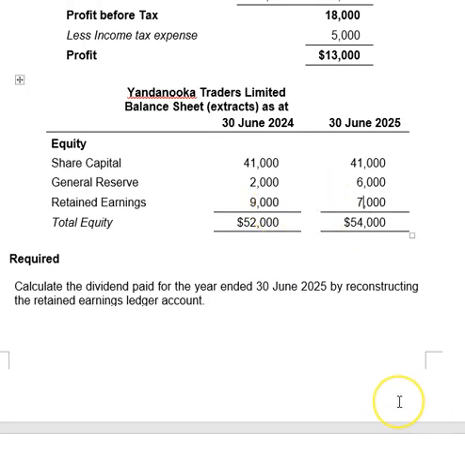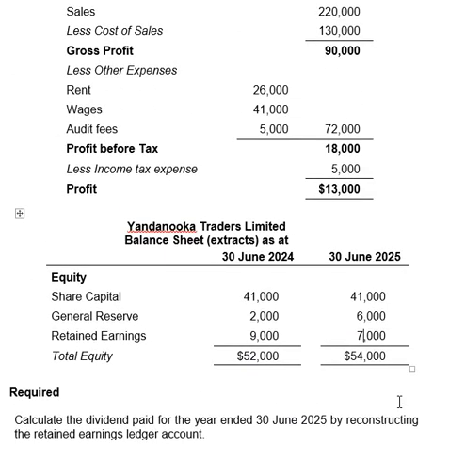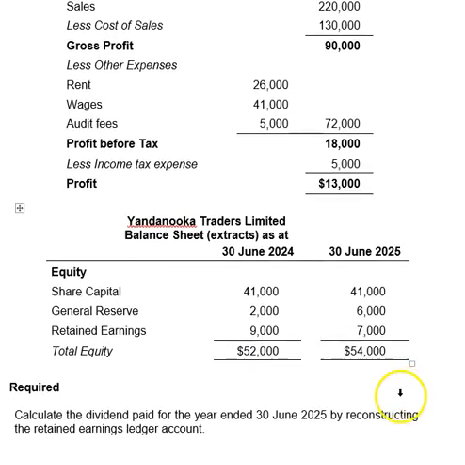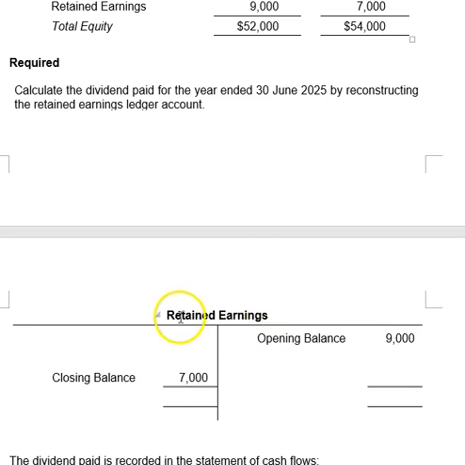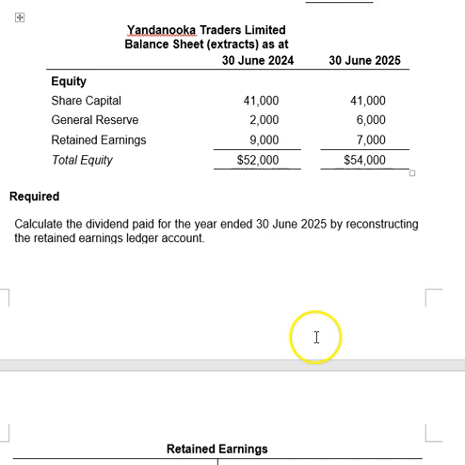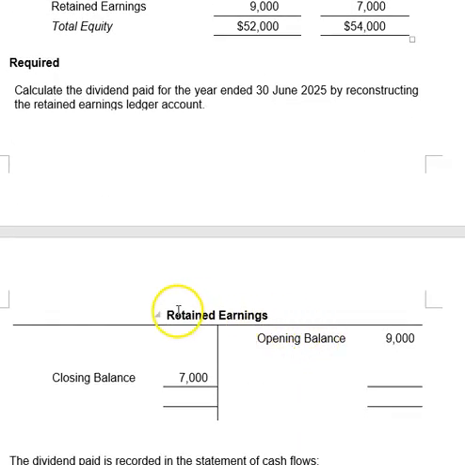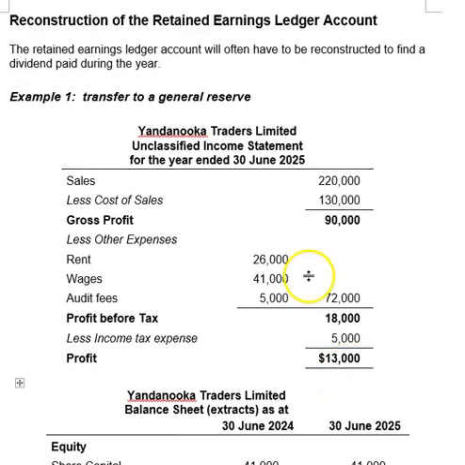So this is the first thing you need to record in your retained earnings account, opening balance and closing balance. The second thing you need to record is the profit after tax. Profit after tax will increase our retained earnings, so it should be on the credit side. Look at your income statement, at the profit after tax. You only record the profit after tax.